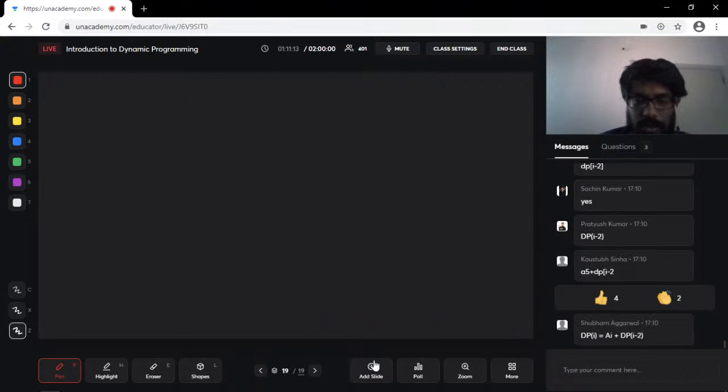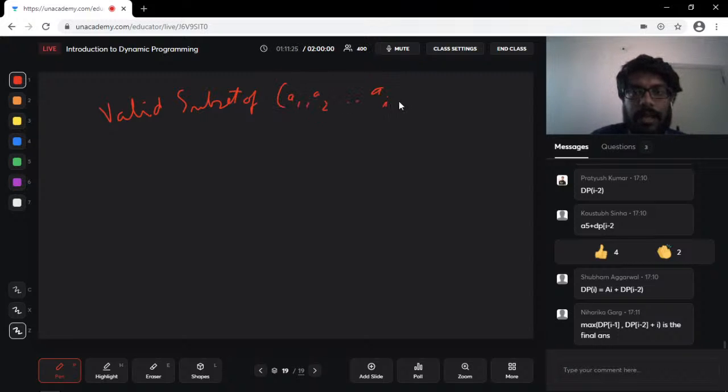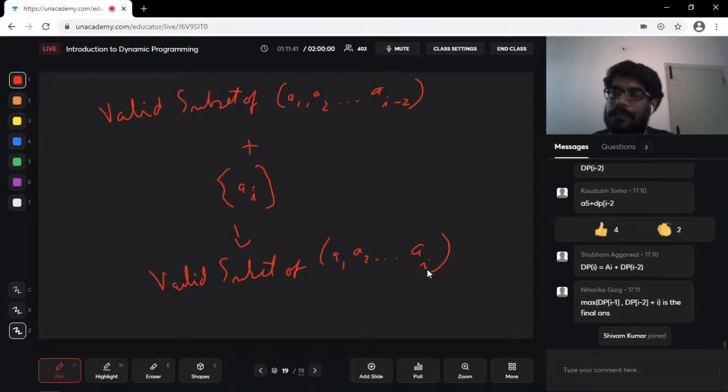So take any valid subset of a1, a2 to ai minus 2, and if I add ai to it, I claim I'm going to get a valid subset of a1, a2 to ai.